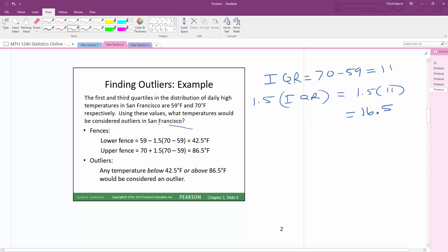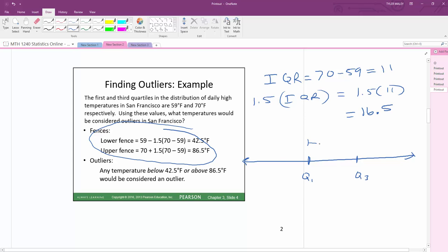So here's my number line. We know Q1 and Q3. Whoops, this would be Q1. So Q1 and Q3.